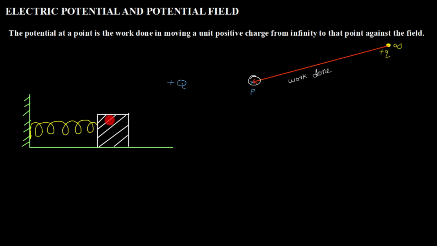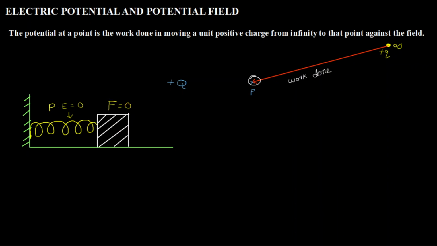Now, at this particular position, this spring is not having any energy by itself, because this is the normal position of the spring. So, we say that potential energy of that spring is 0. At this position, this spring is not applying any force on this block. So, I say that the force on this particular block is also 0. So, I say F is 0.